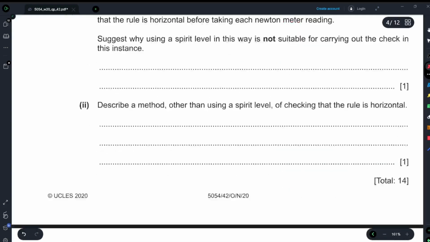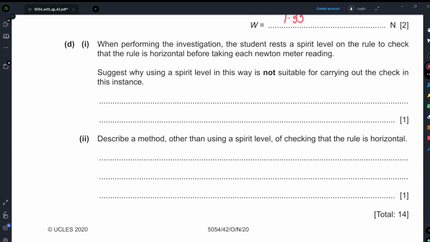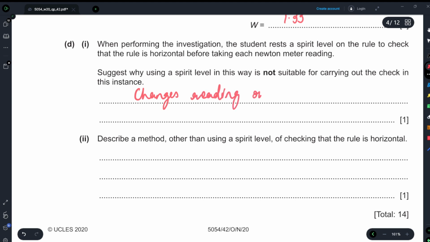Okay, so that's what makes sense. Why is it not suitable? Changes reading on the meter.